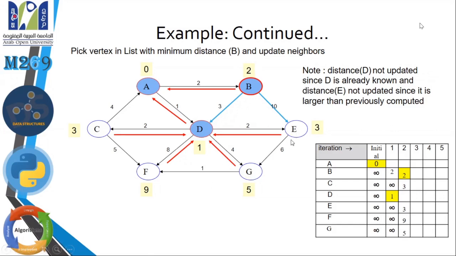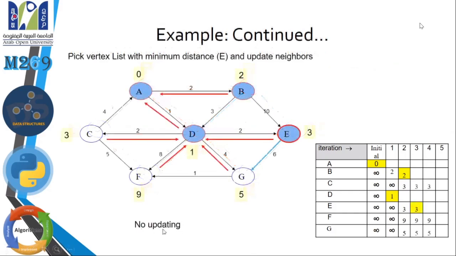The only place I can go is G. So 3 plus 6, 9. Is it less than 5? No. No update. Be careful here. It has to be less.